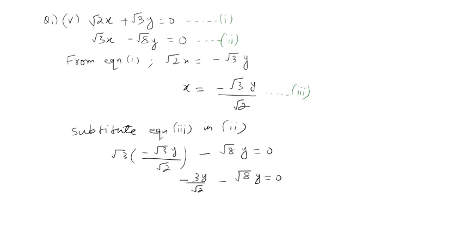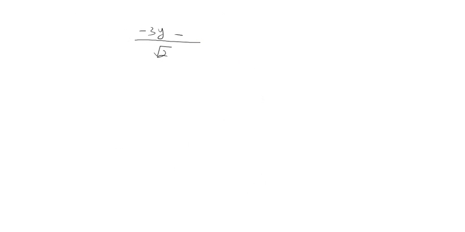When you take the LCM, let's say this is 1, so root 2 is the LCM. So how many times root 2 goes in 1? Root 2 times, so you have to multiply with this. So this becomes root 16y is equal to 0, right?